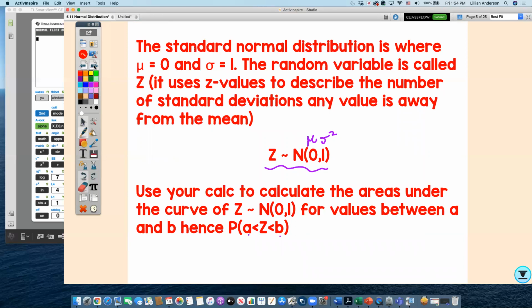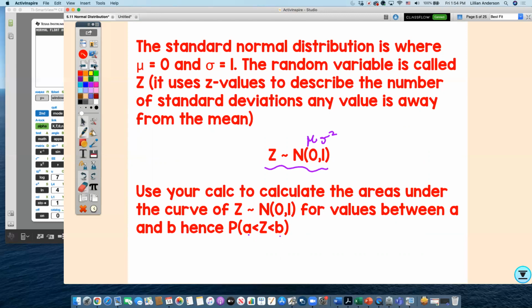Let's talk about some notation differences. You have a normal distribution curve, which is represented with an X, but a standard normal distribution is where the mean is 0 and the standard deviation is 1. That is standard. That does not change for a standard normal distribution curve.